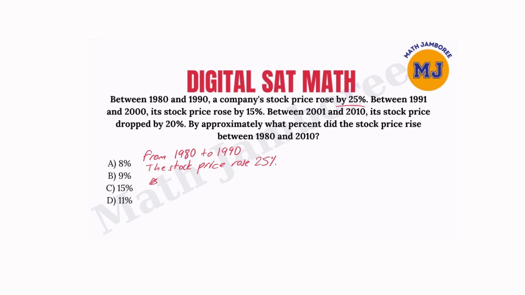So then the new price should be equal to, let's say the initial price was P, times 1.25, because when you say 25% increase, you're supposed to multiply it by 1.25. So this is the condition for the period of time number one.